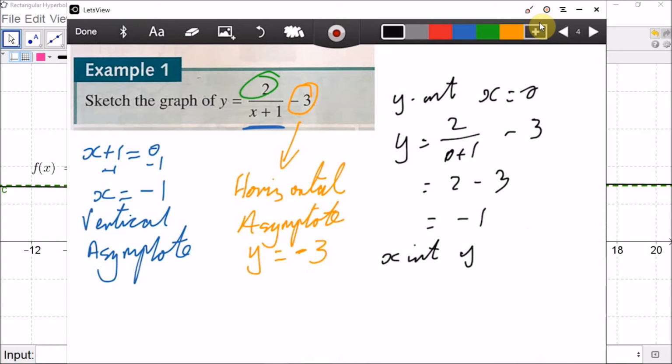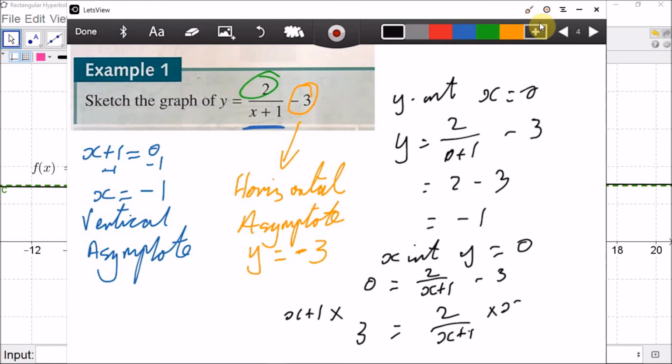and that's when y equals 0. So you've got 0 equals 2 on x plus 1 minus 3. Add 3 to both sides. You get 3 equals 2 on x plus 1. Times both sides by x plus 1. Cancels there.